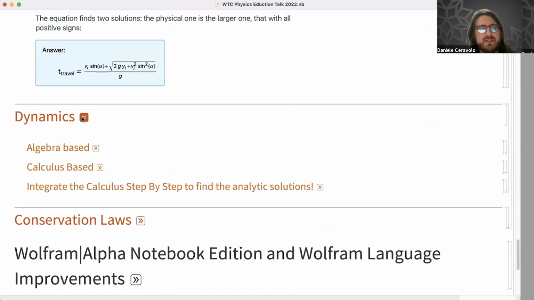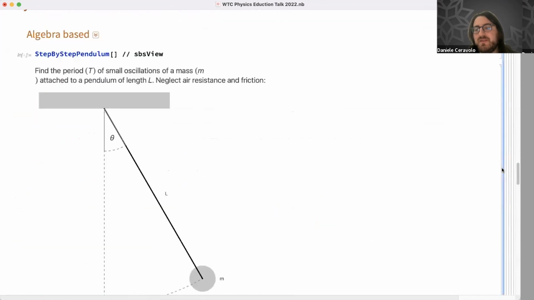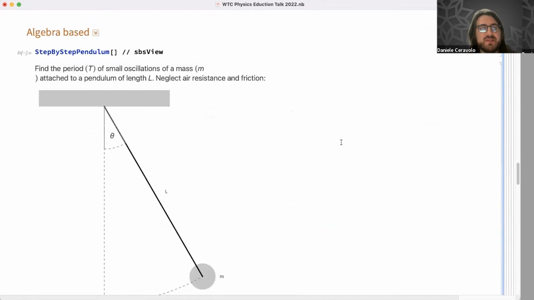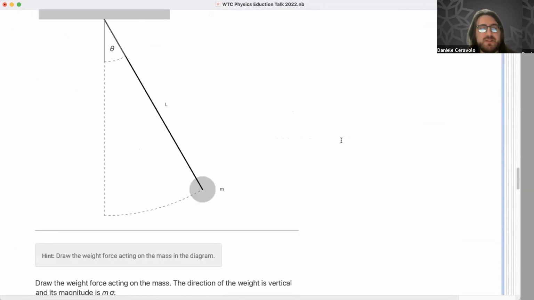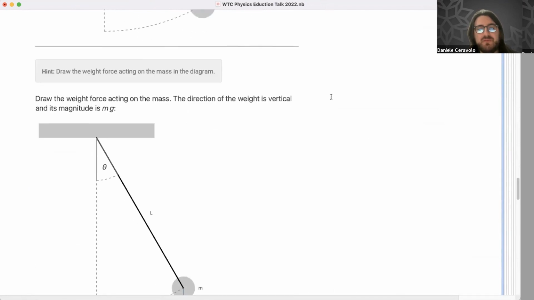This is more clear in dynamics. Also, we are providing different explanations according to the different levels of the students that are looking at those. So, for example, in dynamics, the simple pendulum problem, and we solve it.